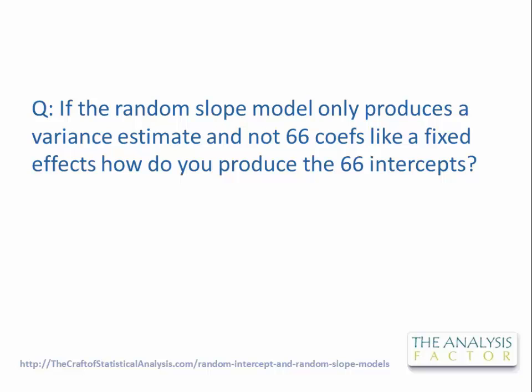And in fact, there is a term called EBLUPs, literally EBLUP, with a small s. So empirical Bayes linear unbiased predictor. And these are actually predicted values of this latent variable, this latent intercept variable for each county.